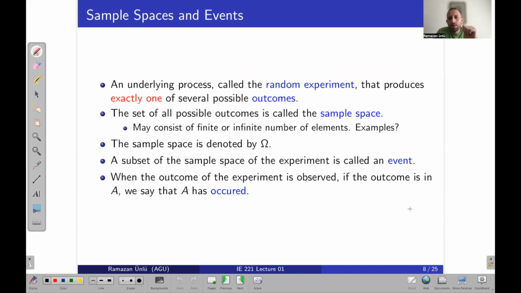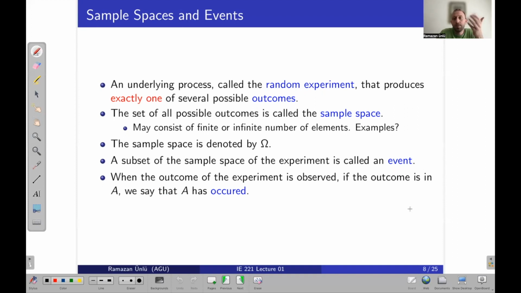In our example, the several possible outcomes stand for head and tail. And at the end of the experiment, we get only one result, right? It is head or tail. And the set of all possible outcomes is called the sample space. It is head or tail.